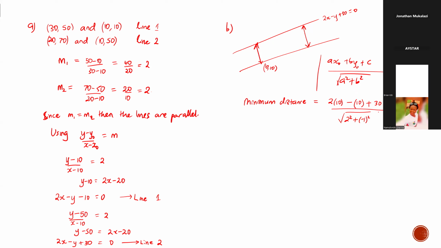So you realize that in the numerator you have 40, and in the denominator you have root 5. So this is the actual minimum distance between the two lines.